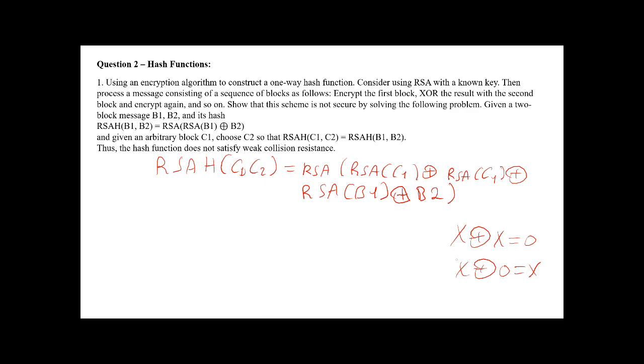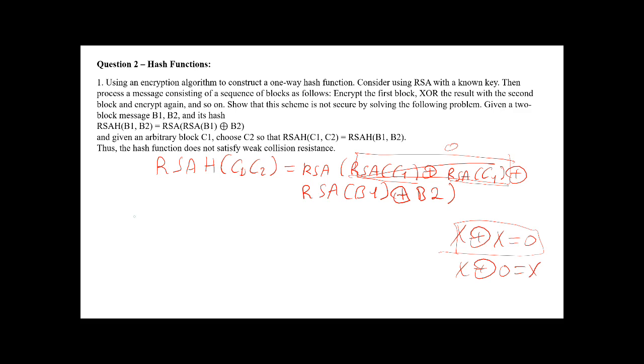Let's see what we have here that can satisfy this. So basically here we have RSA C1, RSA C1. So this can be just 0. And 0 XORed with something is something. Correct.